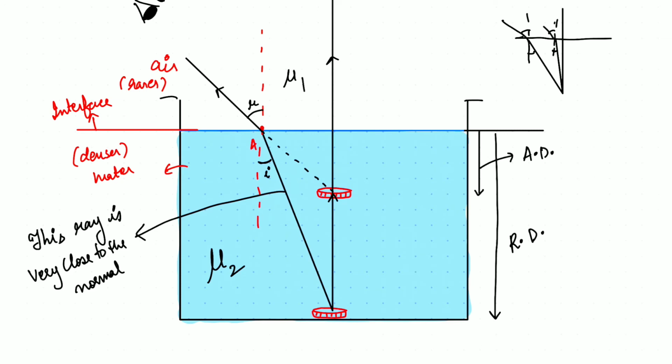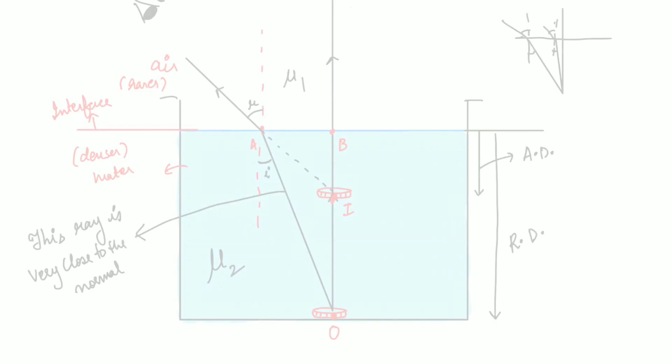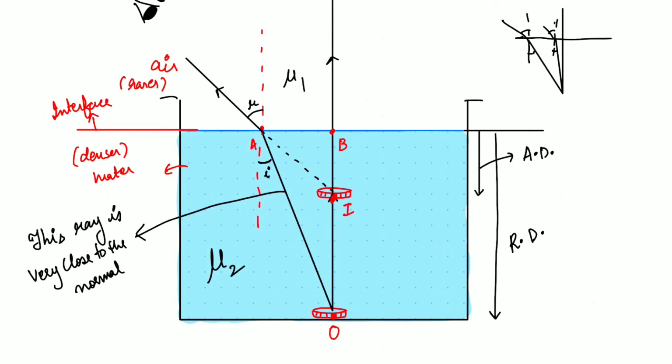Okay, great. So if that is understandable, very quickly let me name everything. This point is B. Let me say this point is O. Where the image is, let me say this is my eye, right? Now let's try to find out if there is any relation between your apparent depth and real depth.